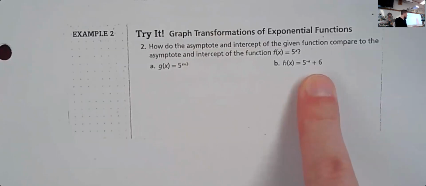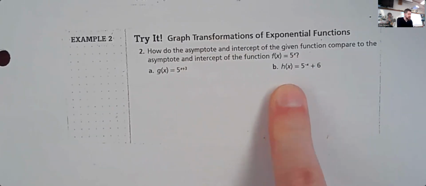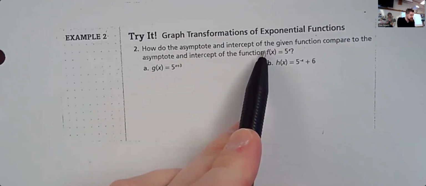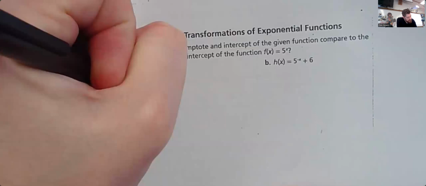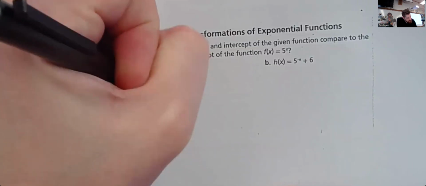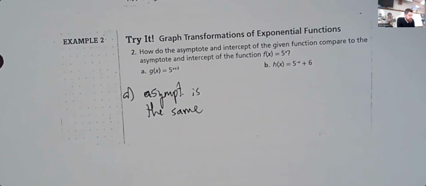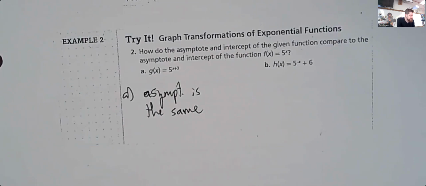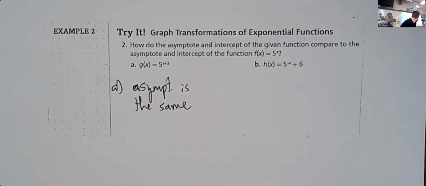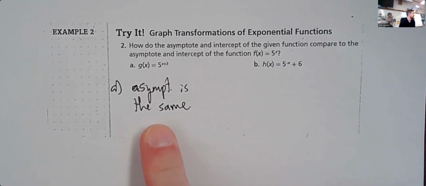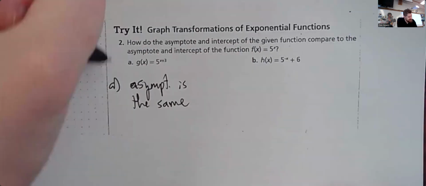So what do you think is going to happen? Actually, let's just talk about this one. The asymptote is unaffected, right? So for A, let's see. The asymptote is the same. And then what about the y-intercept? So this says the asymptote is the same. Yeah. The asymptote is the same.